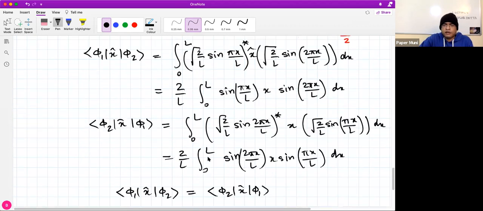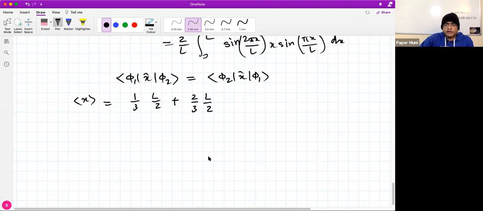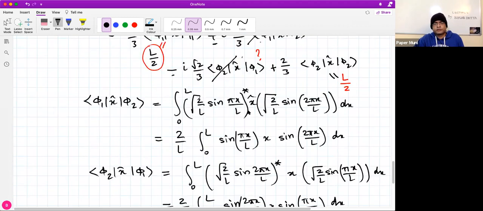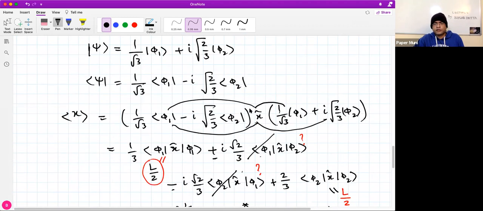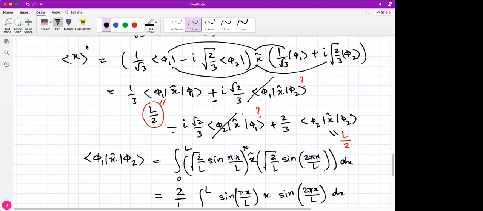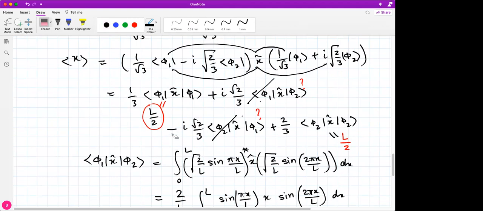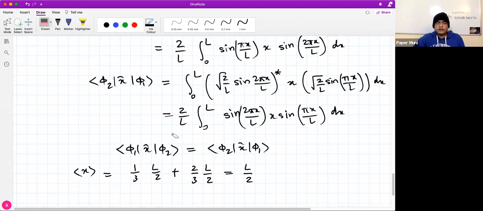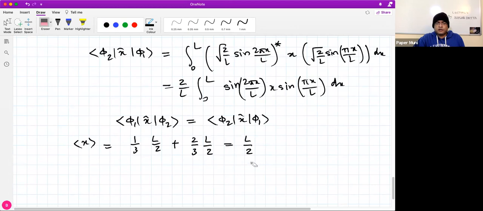If I take this thing common, what do we get? L by 2. Is this clear to everyone? Yes, sir. So these two integrals were the same, so we got this result.